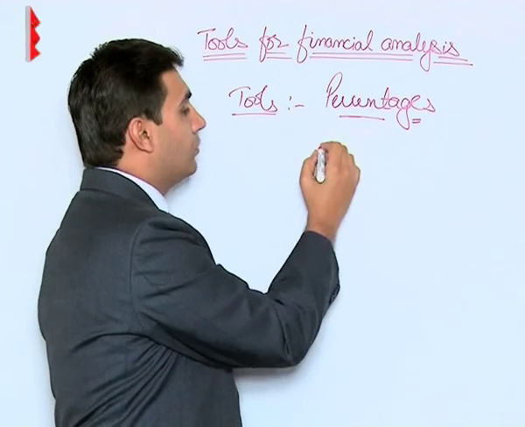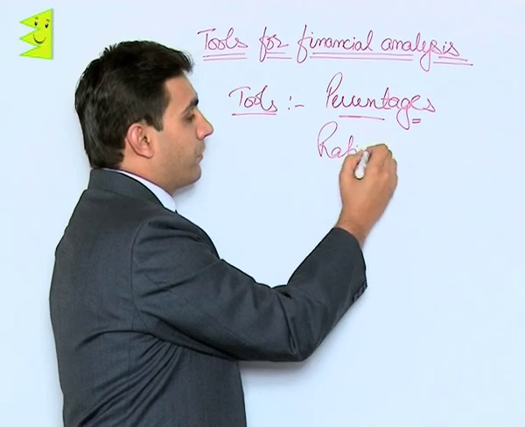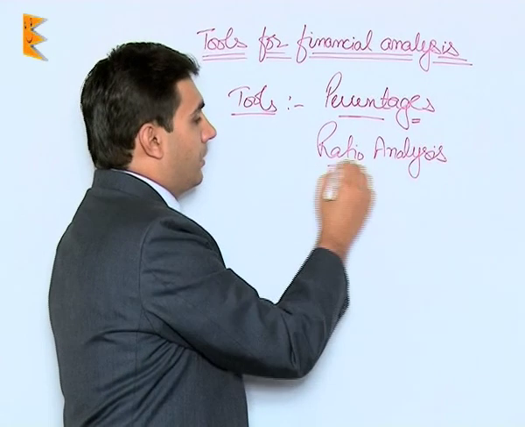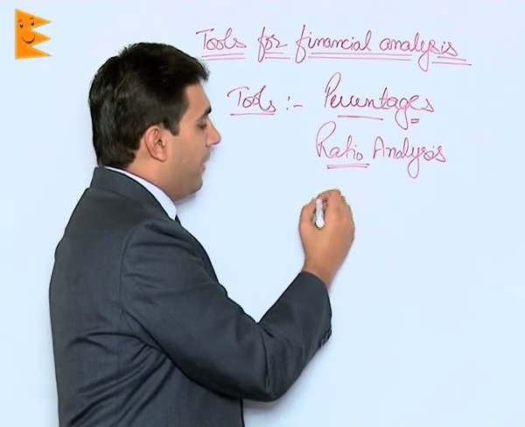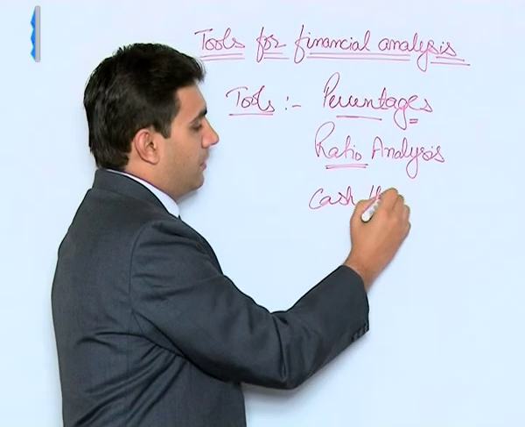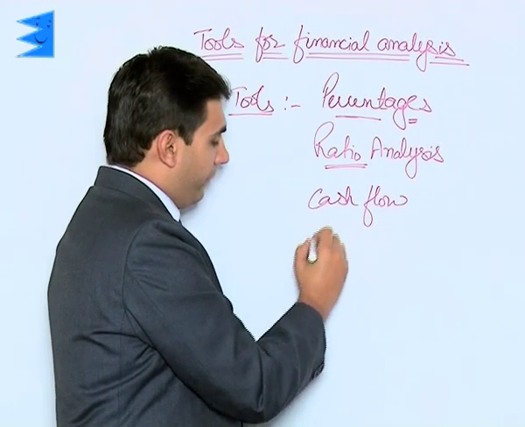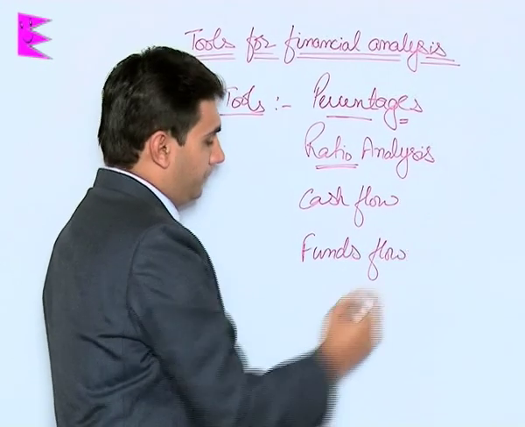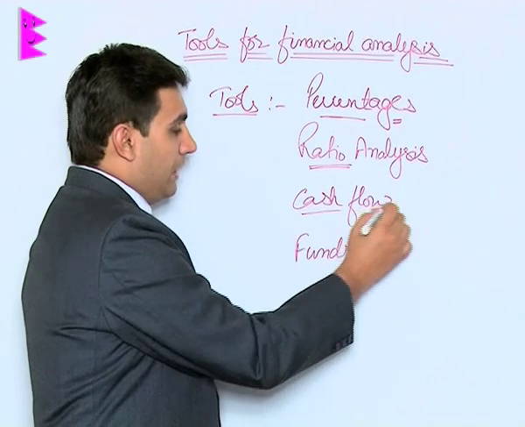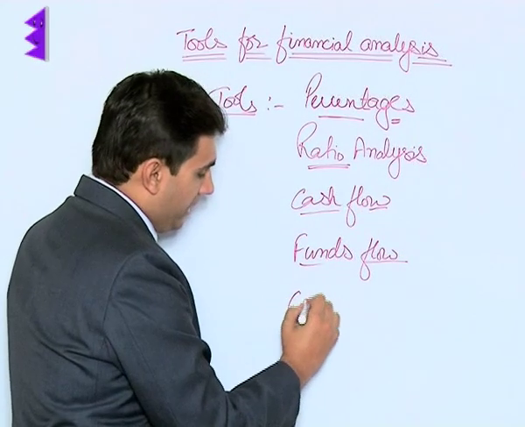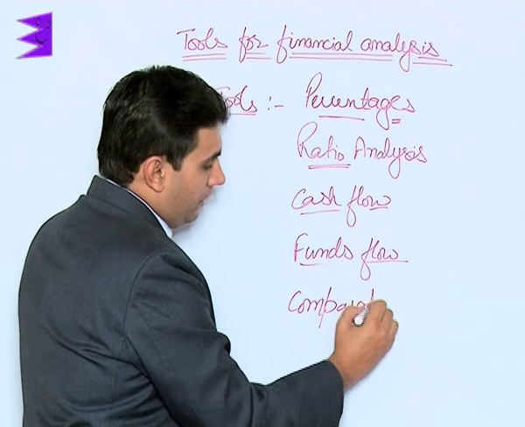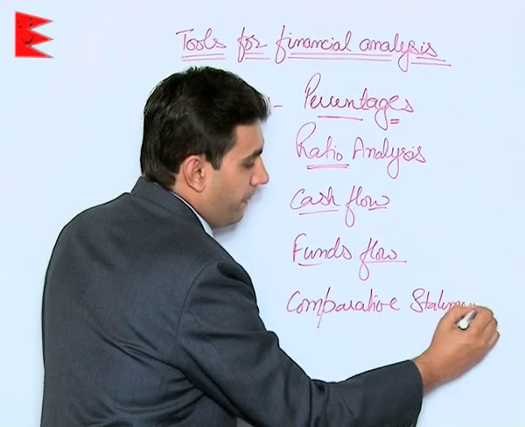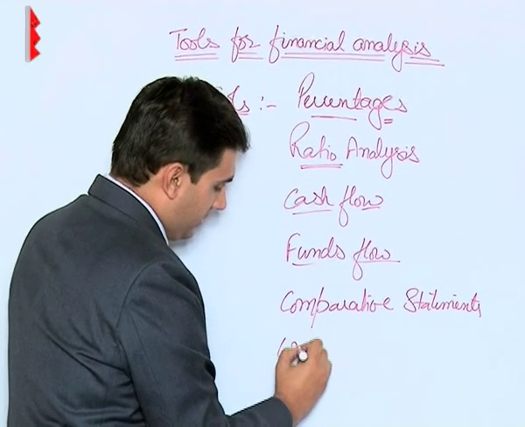Then we can have accounting tools like ratios, or we call it ratio analysis. Then we can have cash flow statements. Then we can have funds flow statement. Then we can use what we call comparative statements and common size statements.